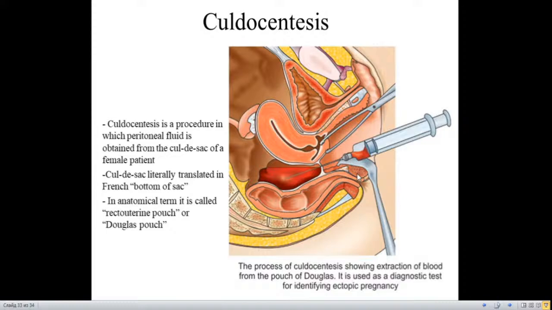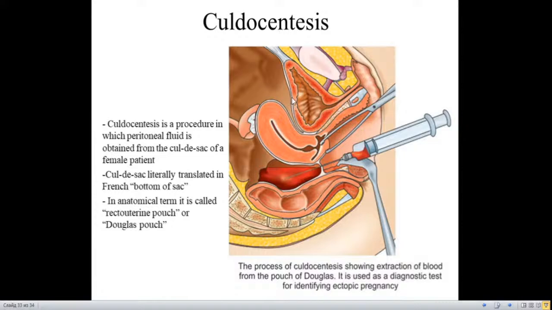Cul-de-sac comes from French, which is known in English as bottom of the sac. Which sac? Actually, it is the abdominal cavity with peritoneum which resembles a sac. And bottom of the sac means its lowest portion, which I mentioned many times today.